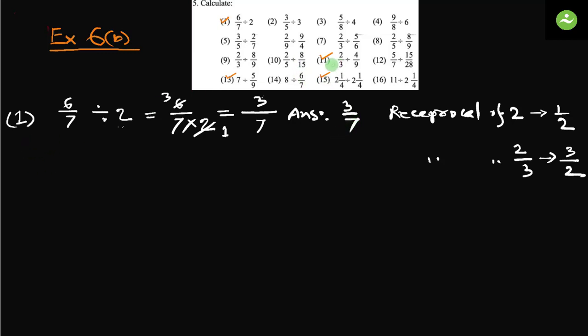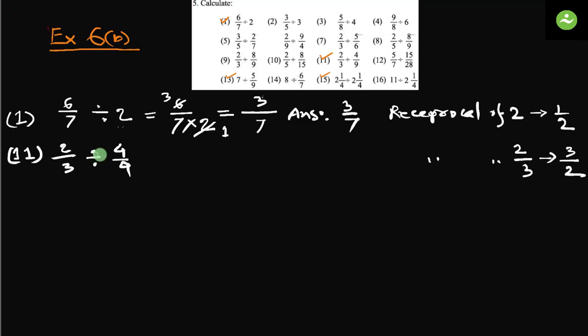Next, 11. 2 over 3 divided by 4 over 9. What do we do? First thing we do, we change the sign here.